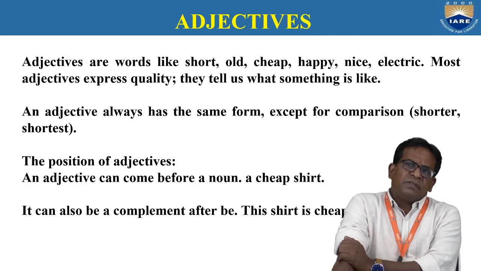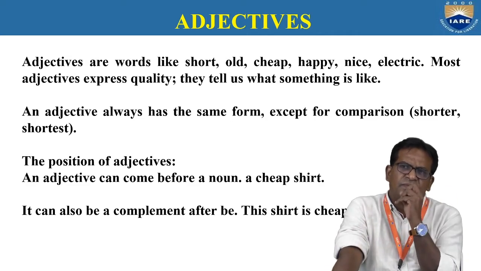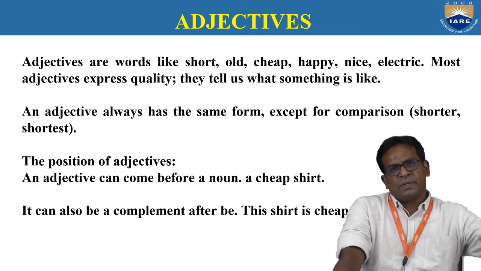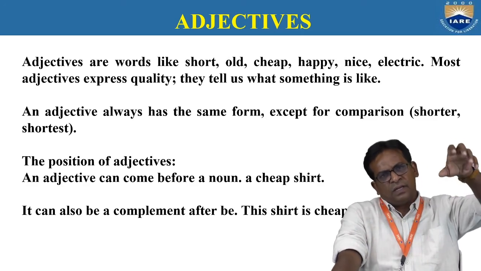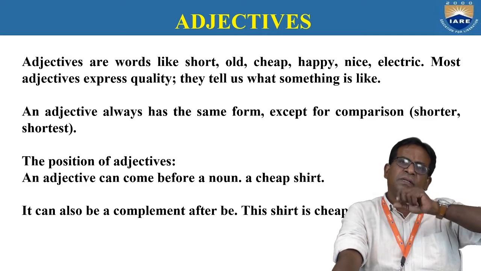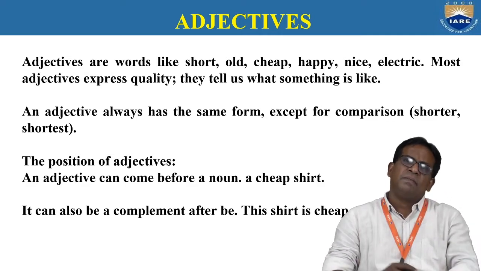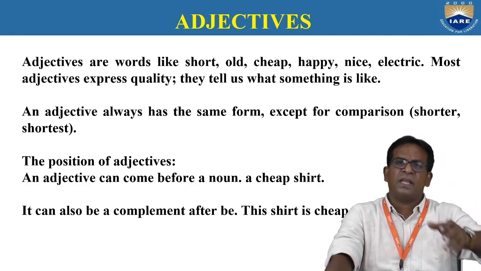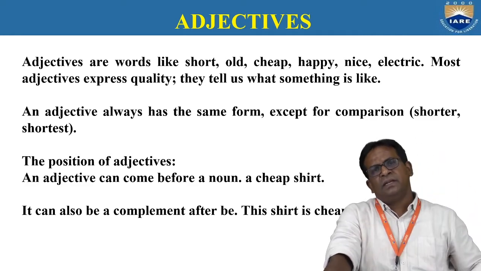An adjective always has the same form. You need not change it. If it is a verb, in the present tense its form is different, and in the past tense the form is different. But the adjective form is always the same, except for degrees of comparison.